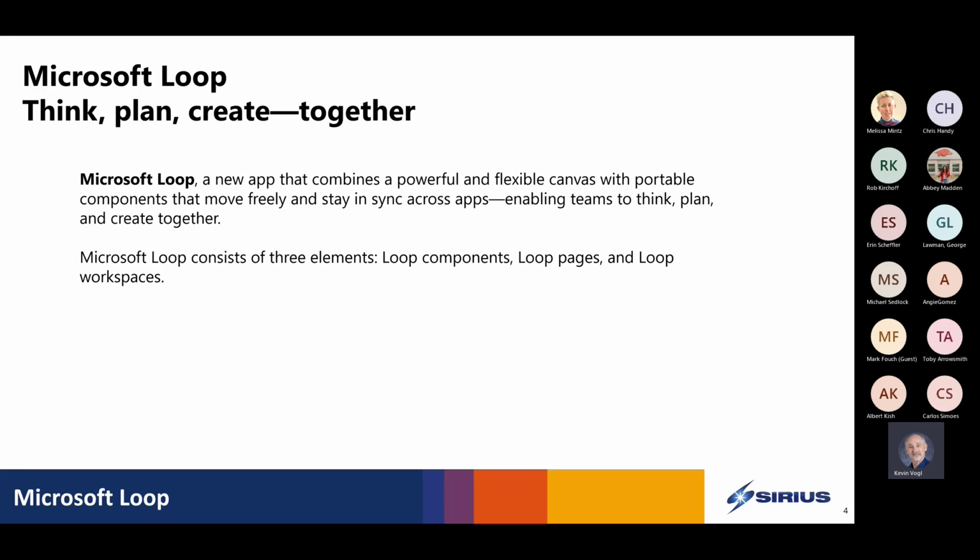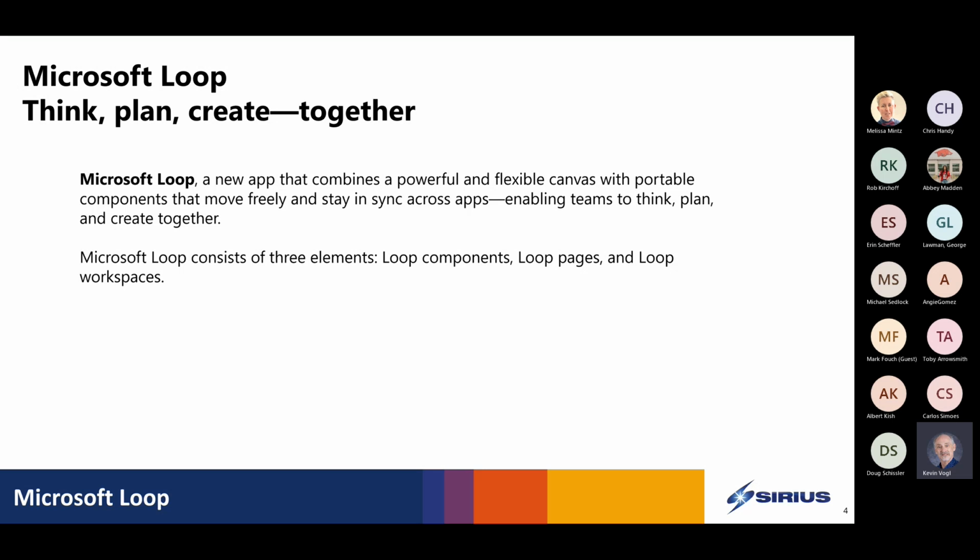And Loop is a new application. Like I said, it's coming out 2022. They're saying January, so I'm hoping that they're accurate. And it's really going to give you a whole bunch of functionality in the Office suite. So it's going to add flexible canvases that you can move across the different applications.